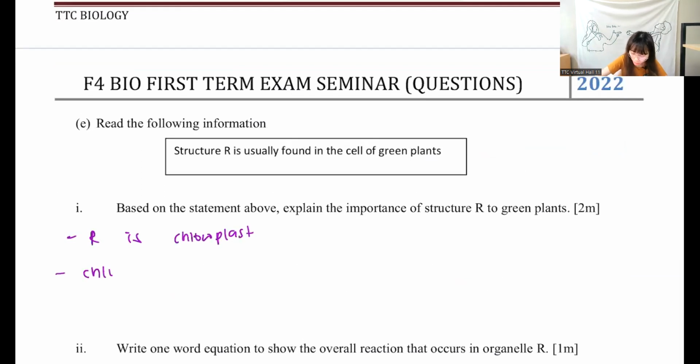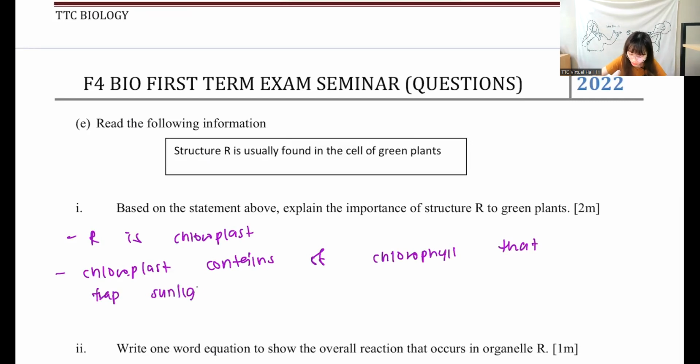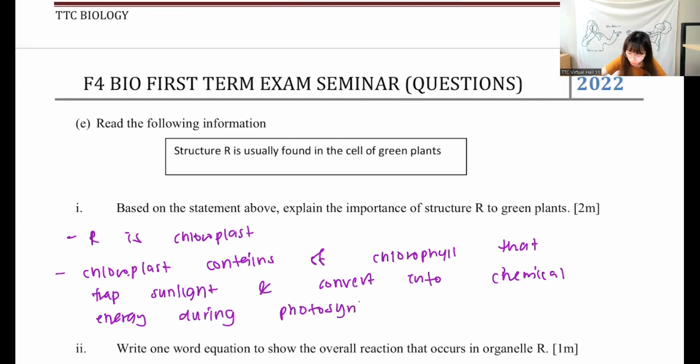And then you can say chloroplast contains chlorophyll that traps sunlight and converts into chemical energy during photosynthesis.